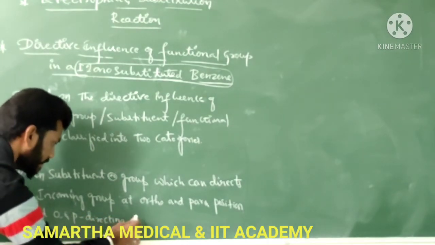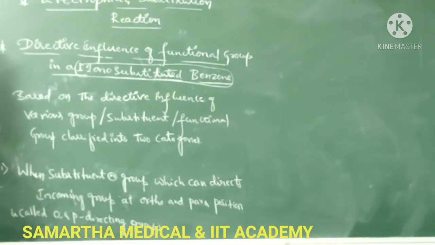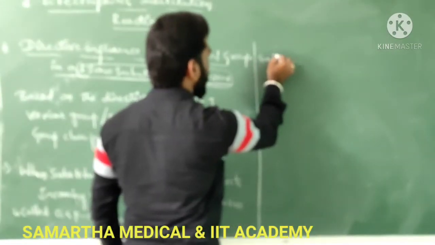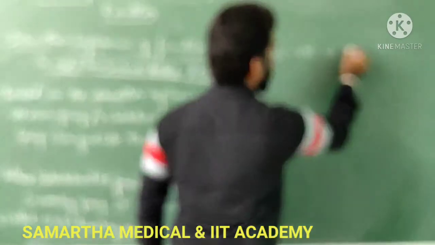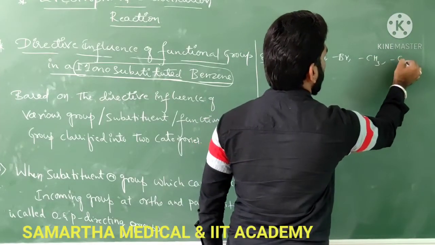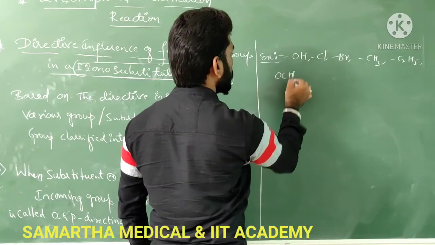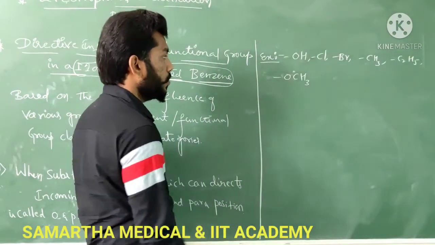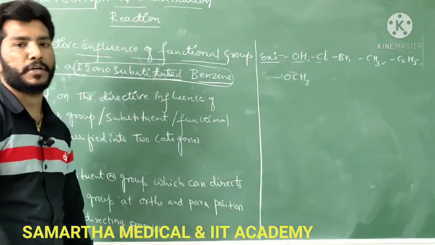So for example, such kind of groups might be OH, chlorine, bromine, methyl group, ethyl group, or you can take methoxy group. So these particular groups we can call ortho and para directing groups, guys.